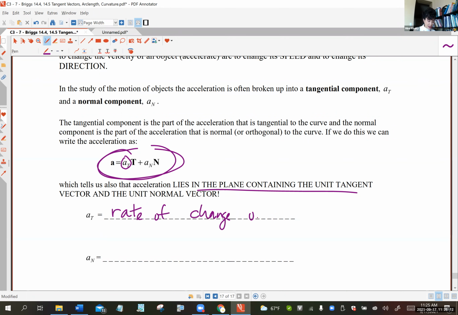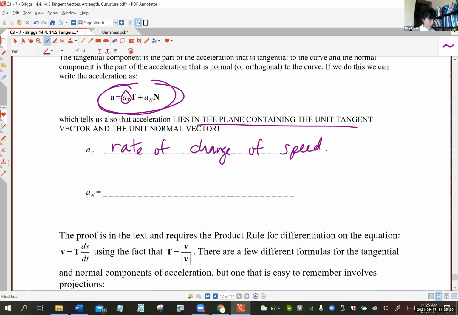There's a few different things that these can be, and if you take a full-blown vector calculus class at UCSD or at one of the state schools, they'll go into this more. Your a sub n is kind of funky, but it's a function of both speed and curvature.